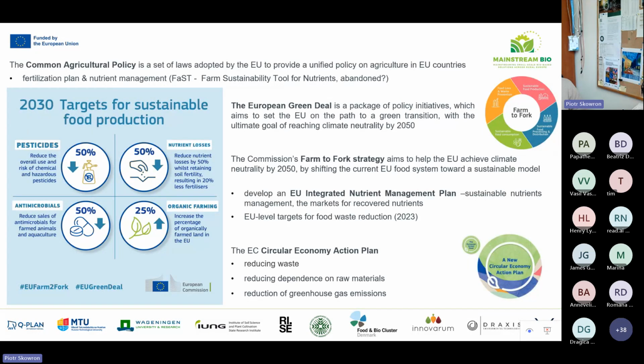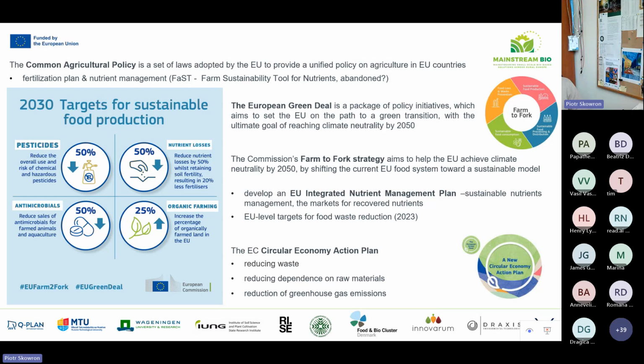And in the common agricultural policy, we can find many mentions of nutrient recycling and nutrient fertilizers. In the common agricultural policy, we have the fertilization plan and nutrient management.